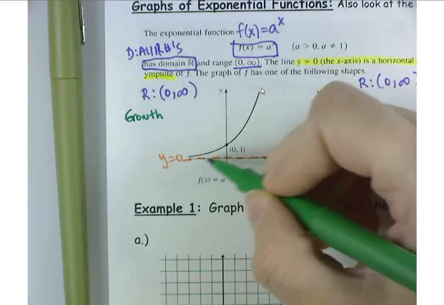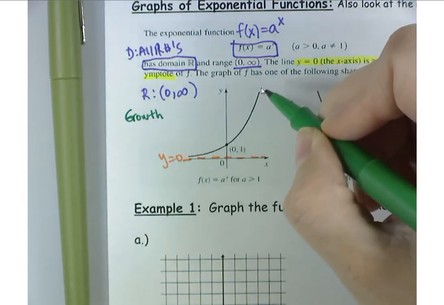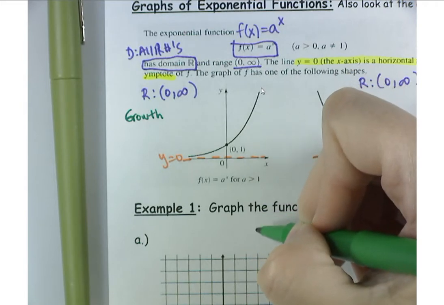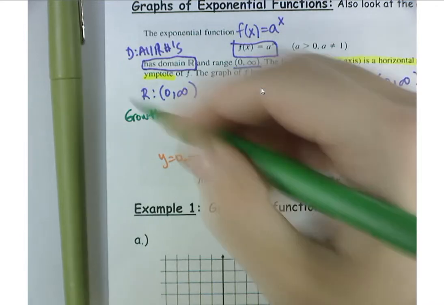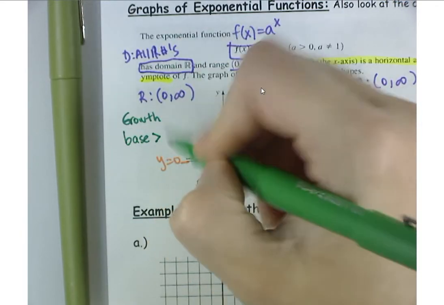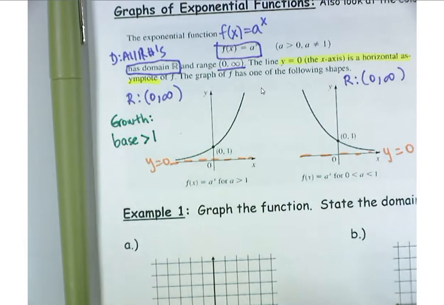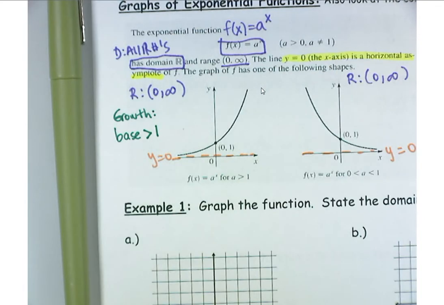You could be growing in the positive direction, or you could be growing in the negative direction, but that would still be growth. For growth, your base has to be greater than 1, and again, it's going away from the x-axis on the right.